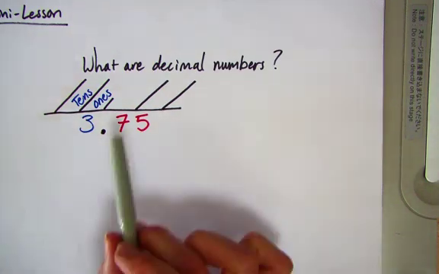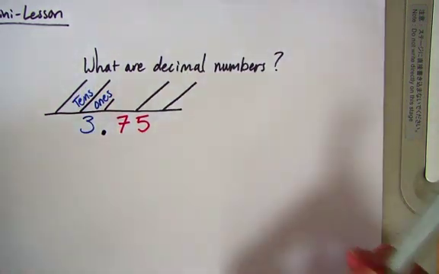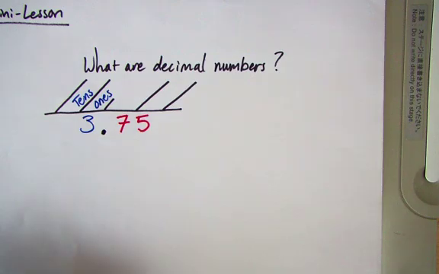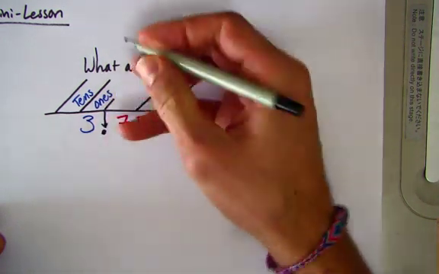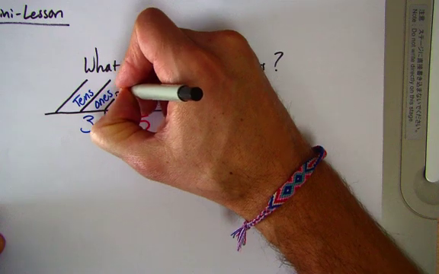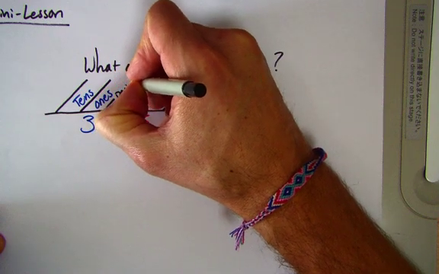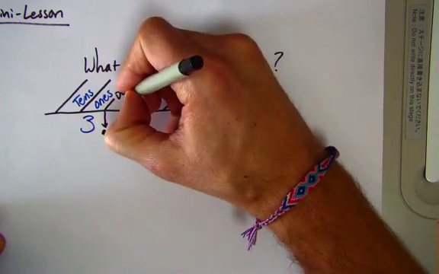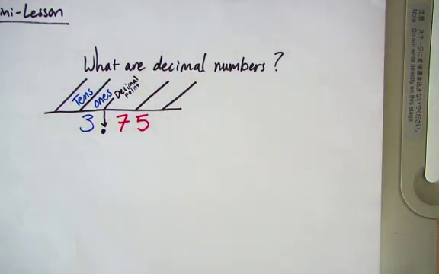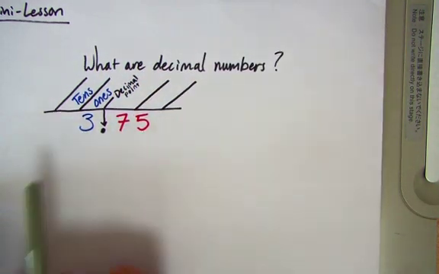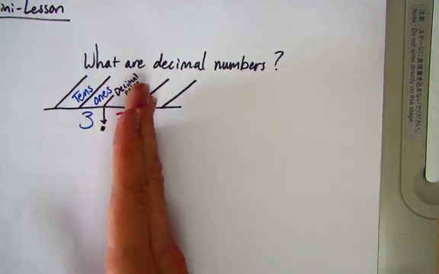So that's what I'm going to get into when I say what are decimal numbers. When I ask the question, what are decimal numbers? This right here actually is called a decimal point. Okay? That's a decimal point and actually separates the whole parts from the fractional part.